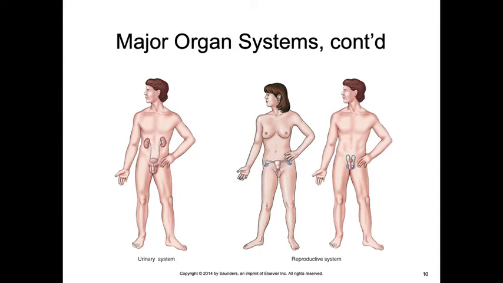Okay? Whereas if you lose one kidney, you can get by on the other one for your lifetime. That's why sometimes people donate kidneys to relatives. The other role of the kidneys is to regulate our blood pressure and our fluid balance and our body's pH.